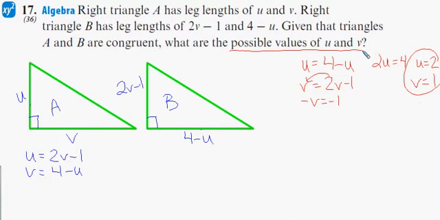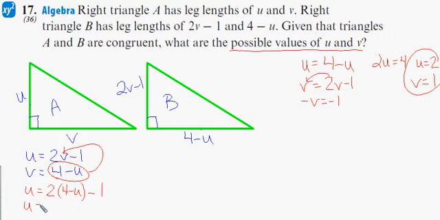This one's going to be a little more challenging just because we have to use some substitution. We know V is equal to 4 minus U, so let's plug that in right here. I'll recopy: U equals 2 times parentheses 4 minus U, and then minus 1.